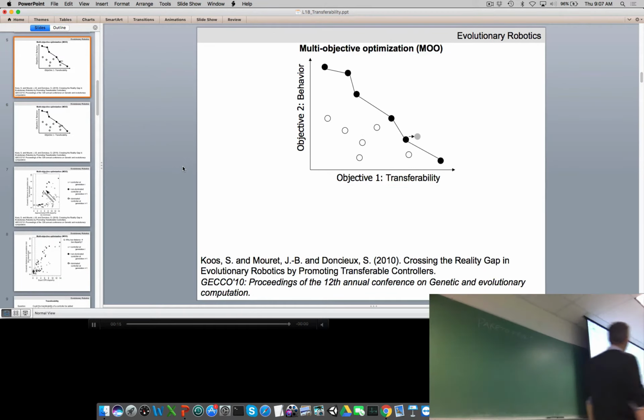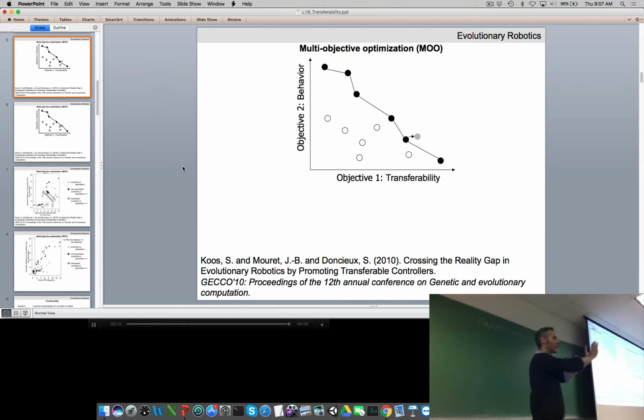Let's imagine that this one here produces an offspring, and that offspring lands here in the plane because it obtained this transferability and this behavior. What happens now? Who lives and who dies? The parent dies. Unfortunately, the parent dies because it's dominated by the child, right? Evolution is cruel sometimes.